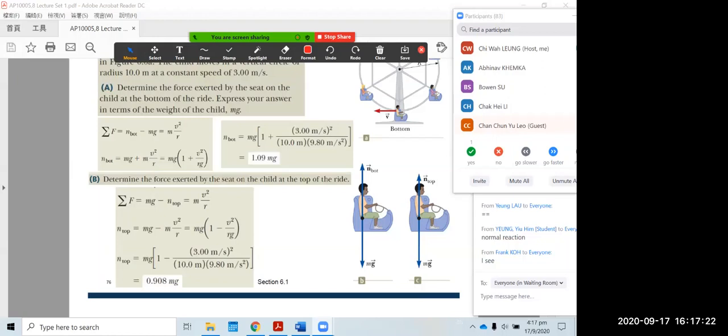So that is something you have to be careful about when considering circular motion in the vertical direction, because although the centripetal force size does not change, what makes up the centripetal force would be changing, for example, the normal force acting on the boy. So that is the idea of the circular motion.